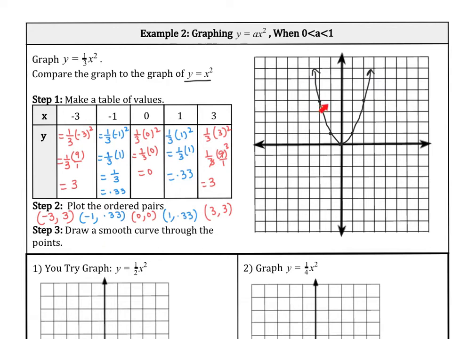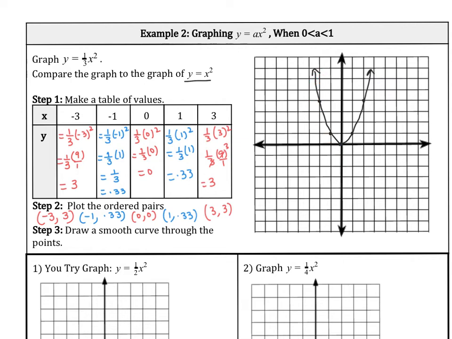Sometimes it is recommended that you make one side, so you make 0, 0, 1, 1, and 2, 4. The other side, you mirror these points. So if this is one step from the y-axis, this is also one step from the y-axis. If this is 2 steps from the y-axis, this is 2 steps from the y-axis, because this part is the same as this part.